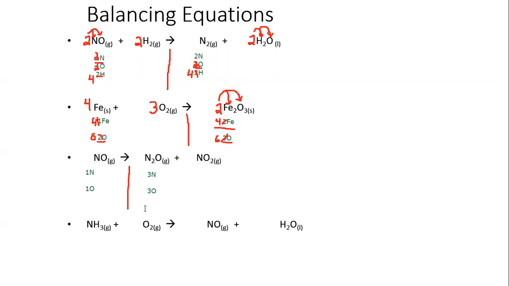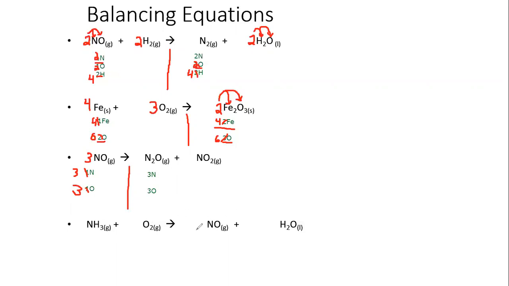On the product side, we have 3 nitrogen and 3 oxygen, collectively from both products. So since they're both not balanced, and they both need 3, we can put a 3 in front of NO. So now this becomes 3, and this becomes 3. So now we have a balanced chemical equation.